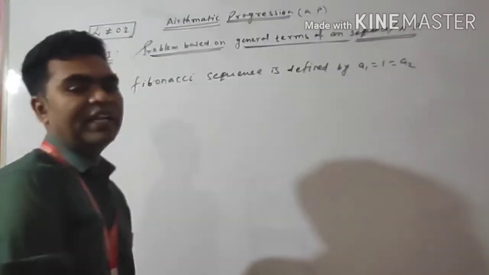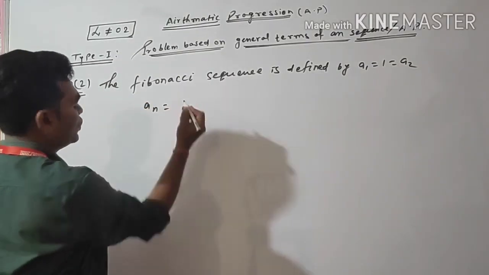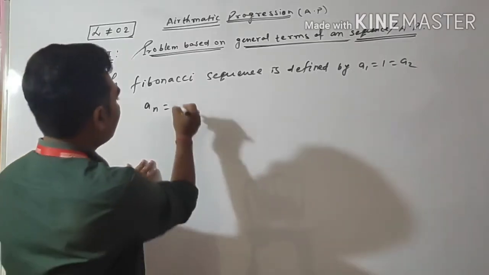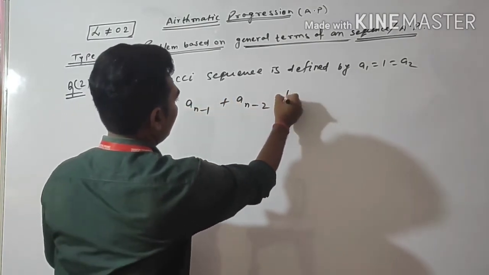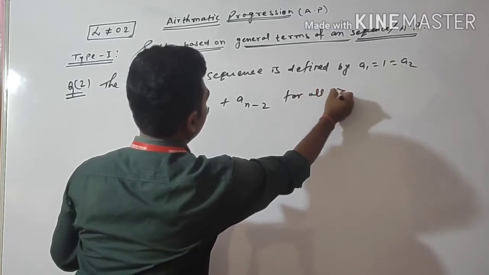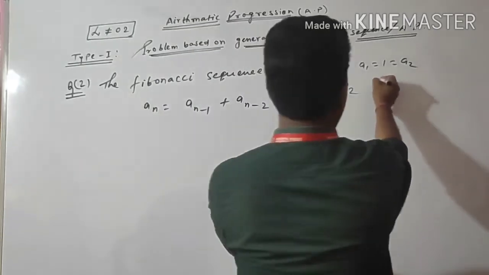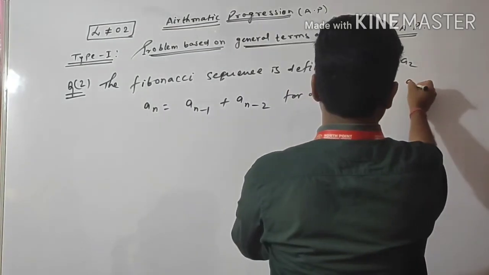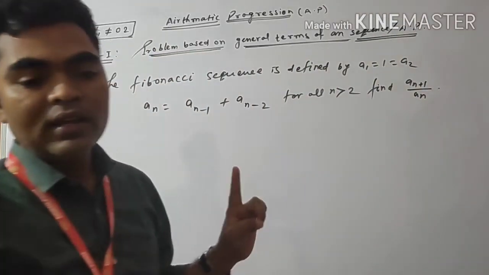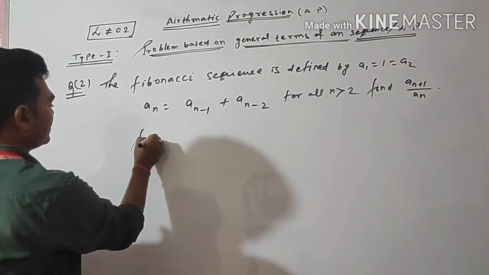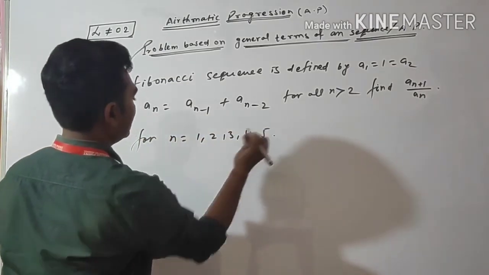That means A1 and A2 are equal to 1, and An equals An minus 1 plus An minus 2 for all n greater than 2. Find An plus 1 by An for n equal to 1, 2, 3, 4, 5.